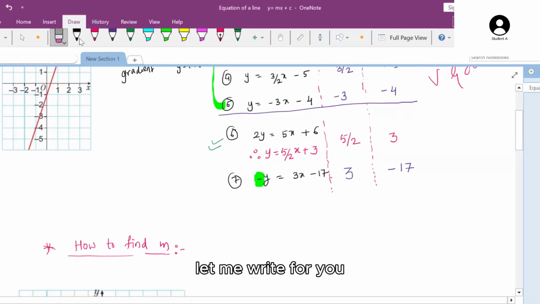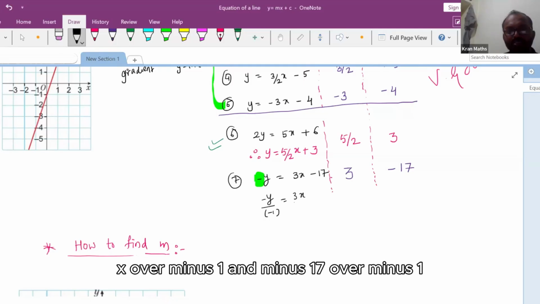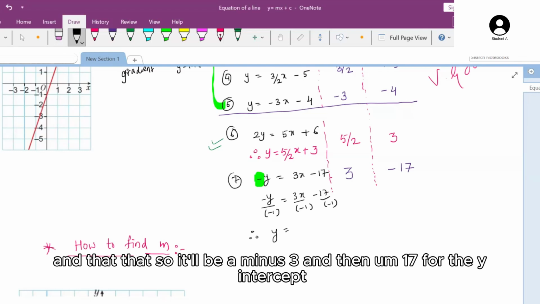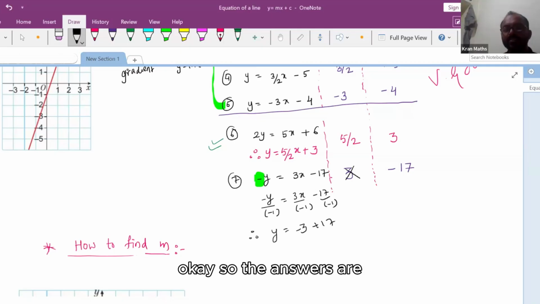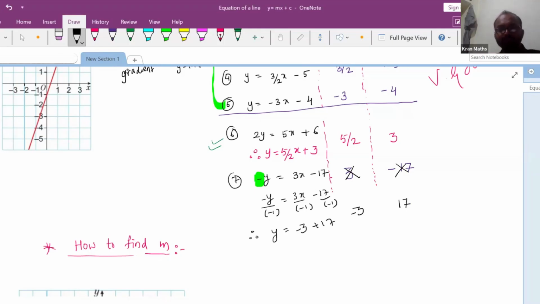Let me write for you. Minus y divided by -1 is equal to 3x over -1 and -17 over -1. So it will be -3 and 17 for the y-intercept. So the correct answer is -3 and 17.